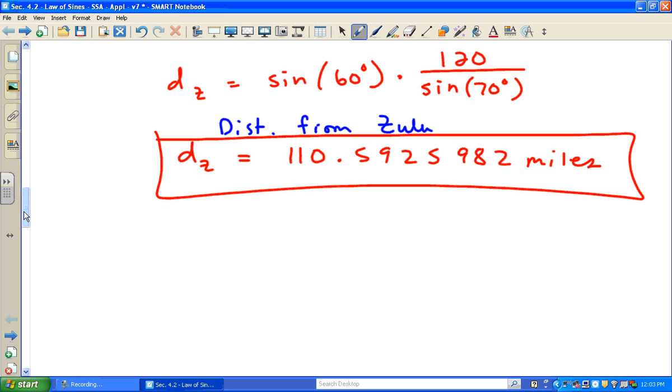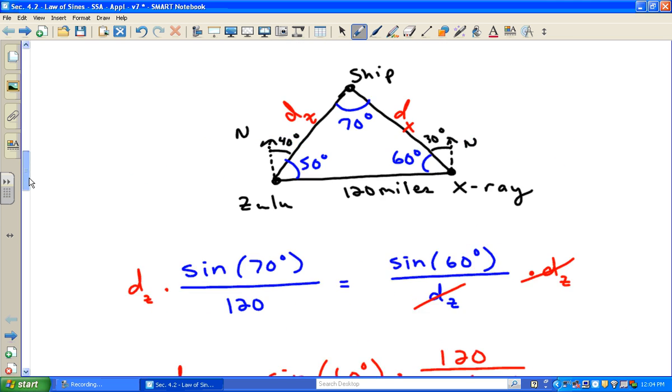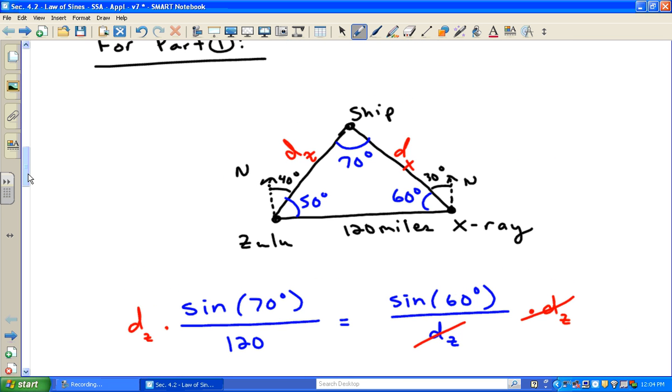On the second part, to find the distance from the station X-ray, I can do something similar. I can put sine of 70 degrees, once again, over 120. The difference is I'm wanting to solve for a different side, so y'all can see that the 50 degrees goes with the side d sub x.